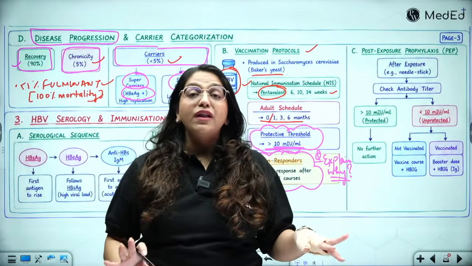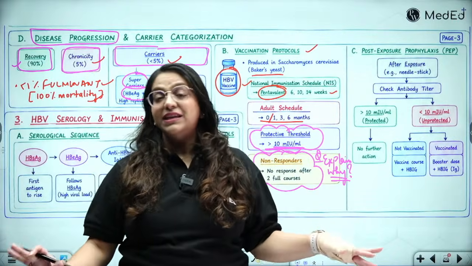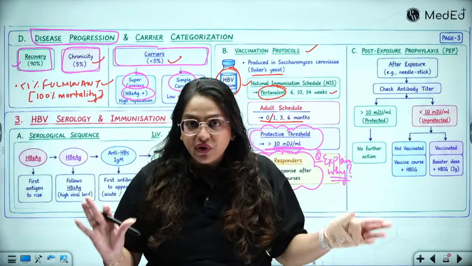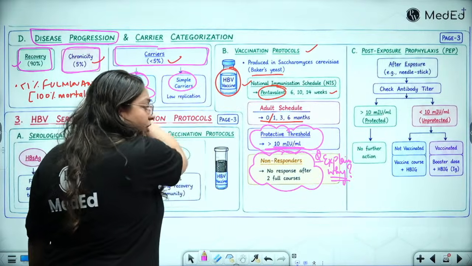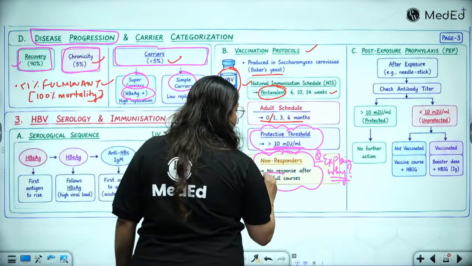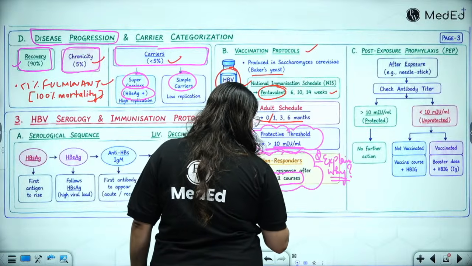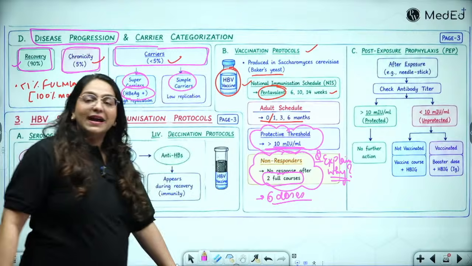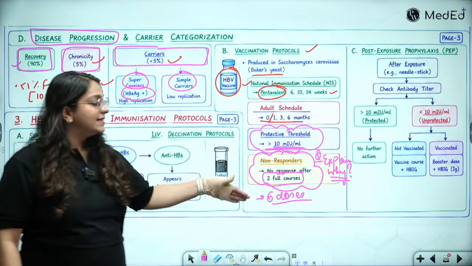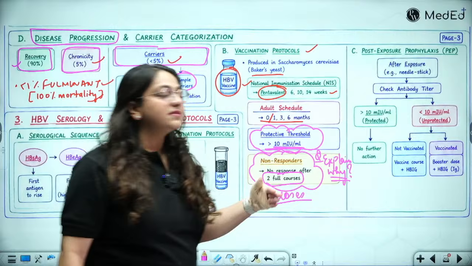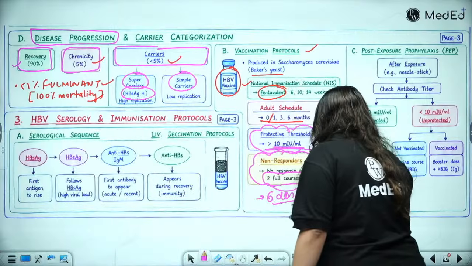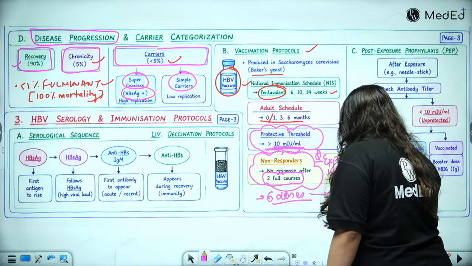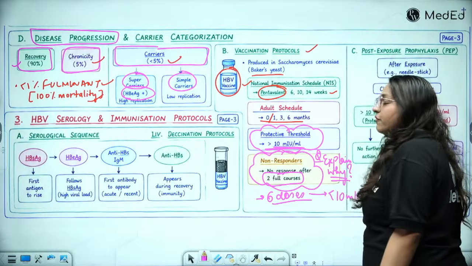That these people are not responding to the vaccine. They are non-responders. They are not responding even after taking 2 full courses. So either you say 2 full courses or you say 6 doses of the vaccine. Still their titers remain less than 10. So even after 6 doses, they have less than 10 milli international units per ml of titers.